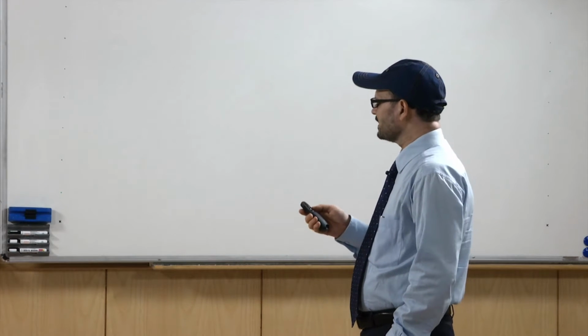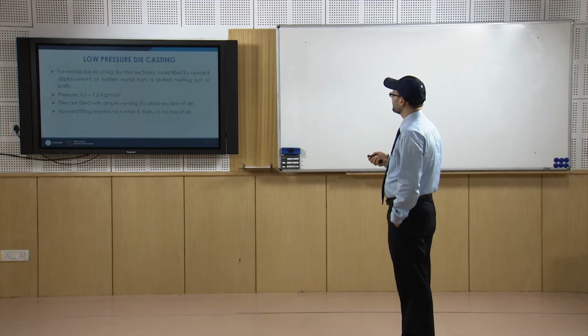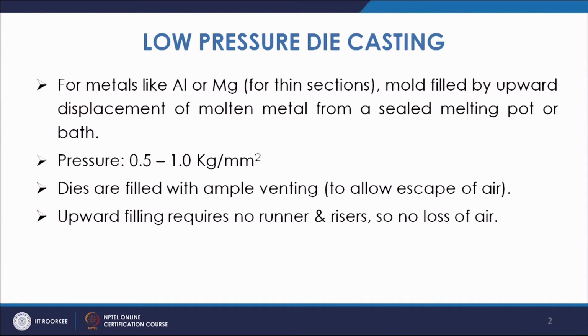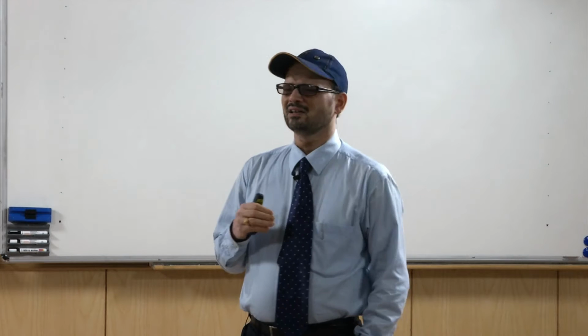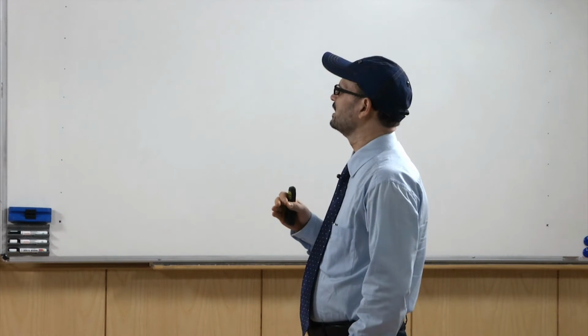Now, in this case the pressure requirement is less. So, that is why it is known as low pressure die casting. Here the process is adopted in such a manner that the pressure requirement is less.